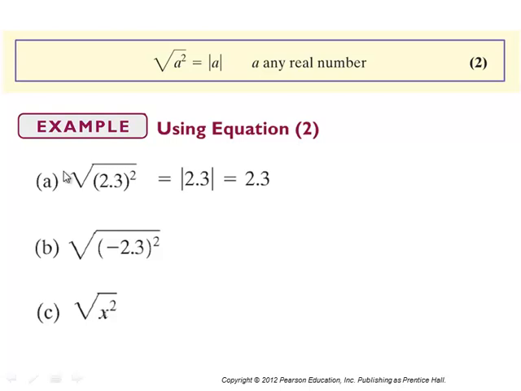Remember, the result of taking the square root of a number is always going to be some non-negative value, meaning it's either positive or 0 in the case of taking the square root of 0. Square root of negative 2.3 squared is then going to be 2.3. It's the absolute value of negative 2.3. So this actually gives you a slick way of rewriting the absolute value operation. You could say the absolute value of a is equal to square root of a squared. Square root of x squared then is the absolute value of x.